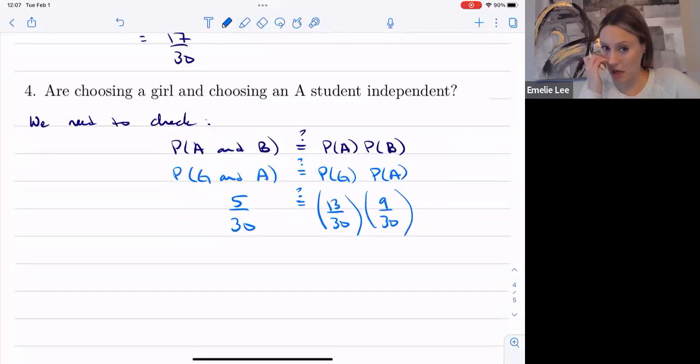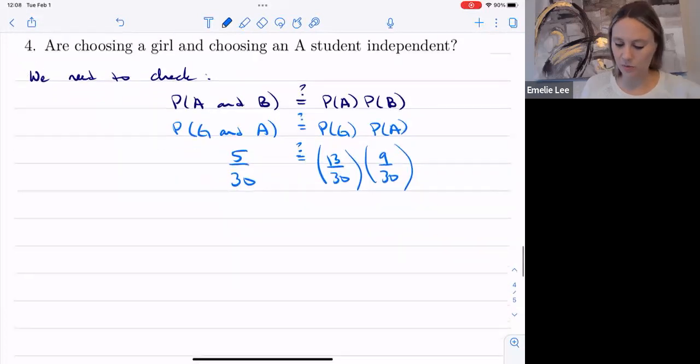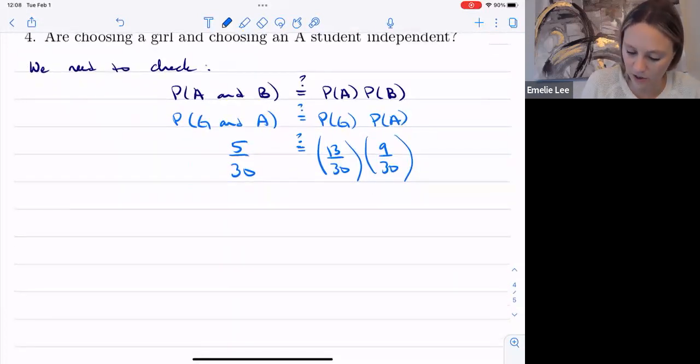Multiplying fractions, I can just multiply across. My calculator actually goes ahead and reduces the fraction to the smallest possible denominator. So if I go 13 over 30 times 9 over 30, it jumps straight to 13 over 100.